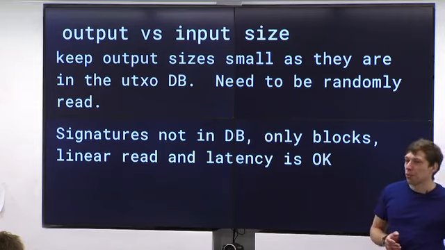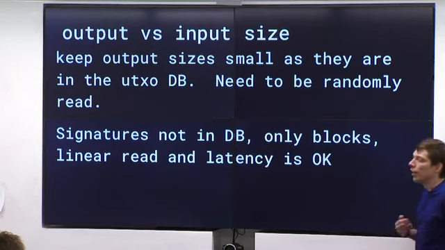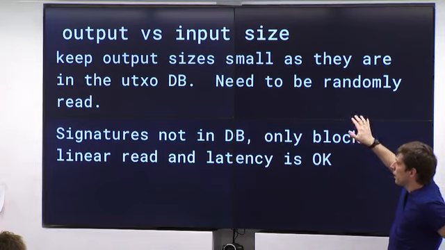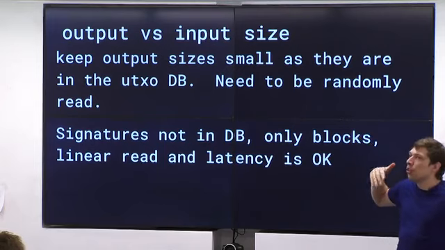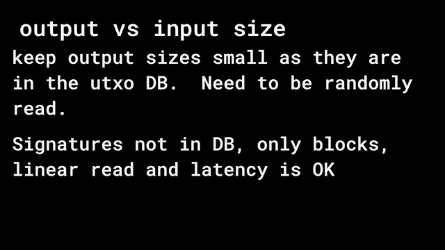You only have to read them when other people are doing IBD, initial block download, and you're serving them to them. So you can prune these if you run Bitcoin Core with pruning. Anyway, the main idea is, even if it overall increases the size of transactions, it does reduce the size of the outputs, which is the thing we really want to minimize for keeping the speed up. Okay, questions about that? Cool.